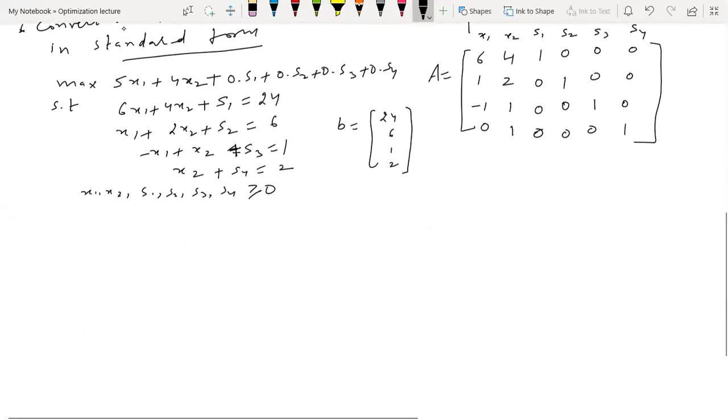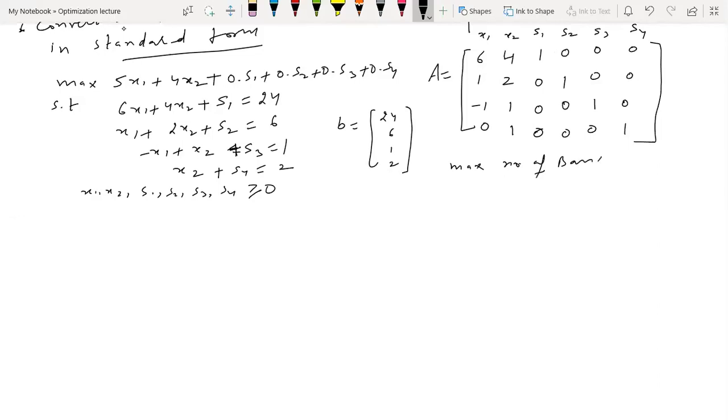Okay, so now we have to solve this problem by the simplex method. We cannot evaluate all the basic feasible solutions, because if you go for the algebraic method, which we call evaluating all basic feasible solutions, the maximum number of basic solutions is 64.